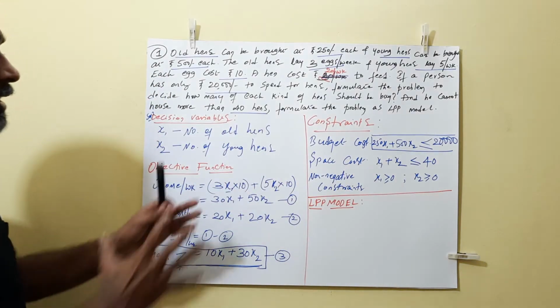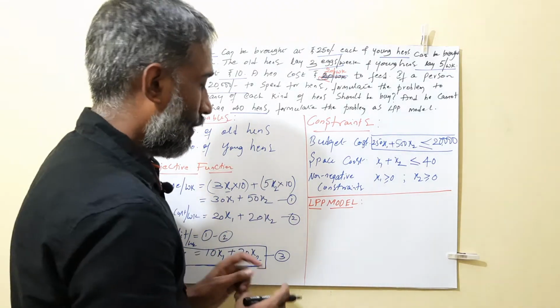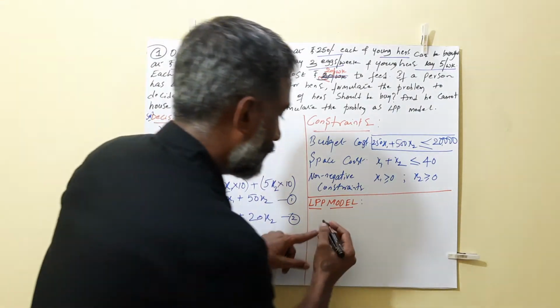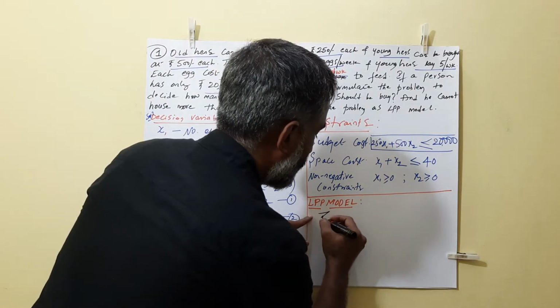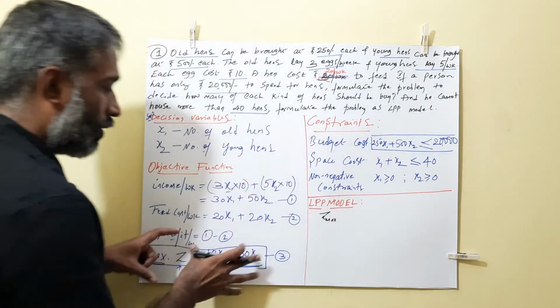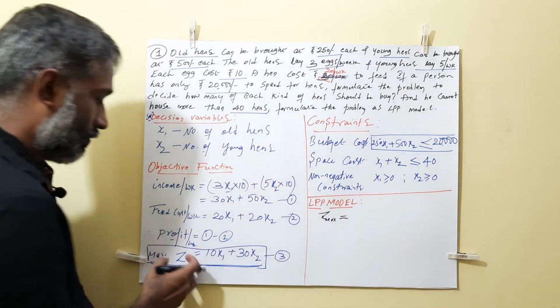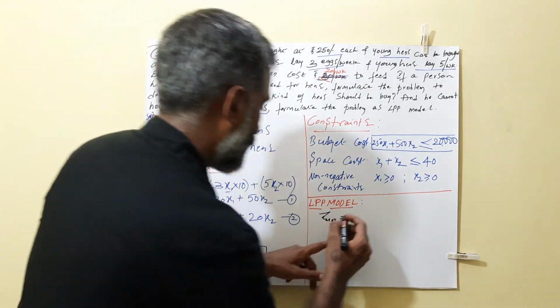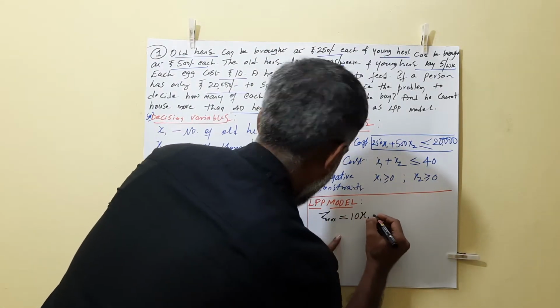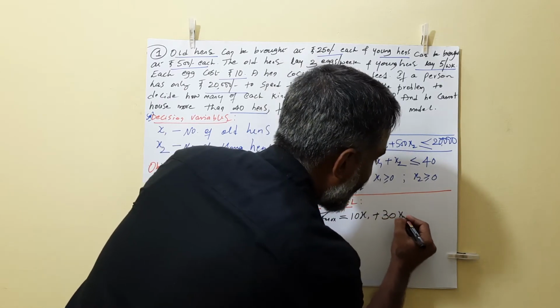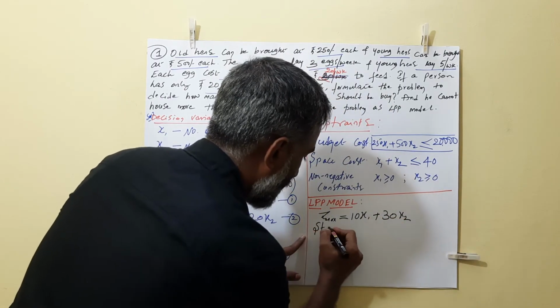After writing all that, you can just write the LP model. The LP model should contain only mathematical terms. So that is maximize Z or Z max, however you want to write, equals 10x1 plus 30x2, subject to constraints.